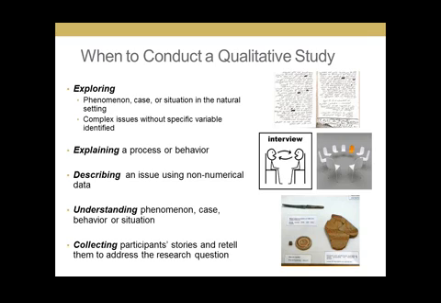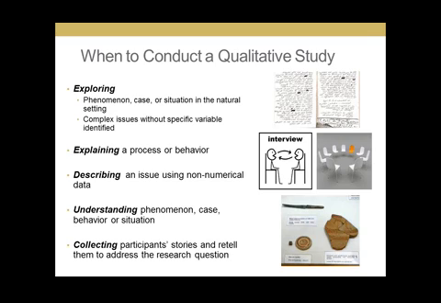And sometimes you want to explain a process or a behavior, like how do participants adapt to a certain culture, or a behavior like how do people deal with depression. If you want to explain a behavior, you can collect data from participants to understand a process or behavior of the specific participants you are focusing on.